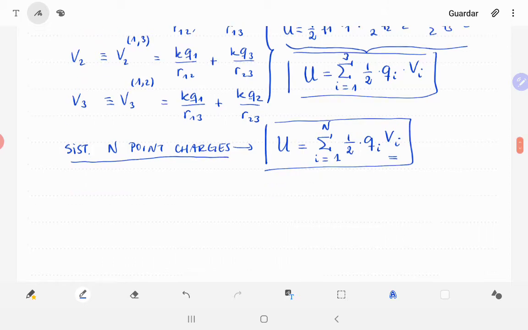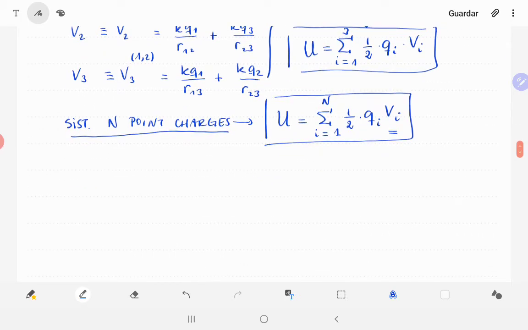Now, before going into a conductor, I wanted to discuss with you what the electrostatic potential energy for a continuous charge distribution could be.